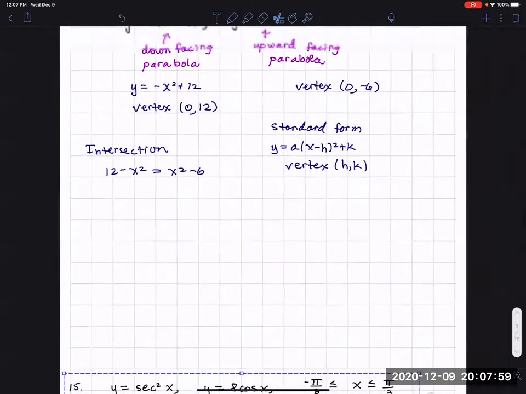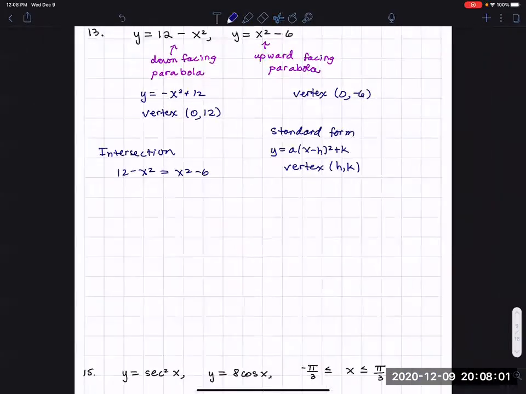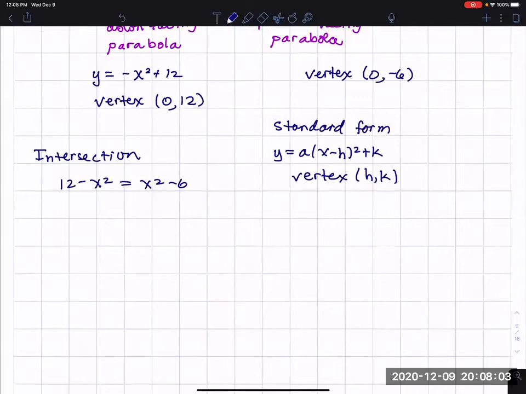Okay, so what I'm going to do is put the numbers on one side. It's easier for me to add 6 to both sides and get 18, and then add x squared to both sides. So I have 2x squared equals 18, x squared equals 9, x equals plus or minus 3.